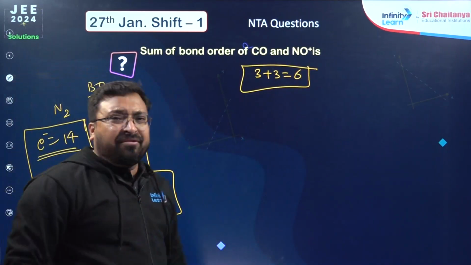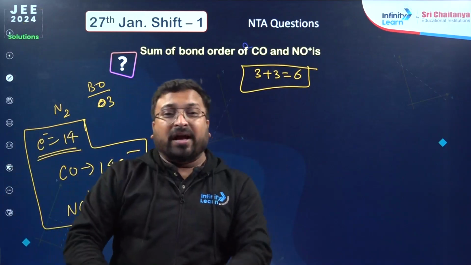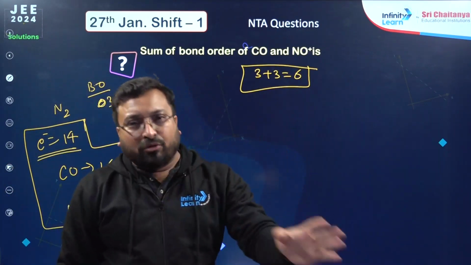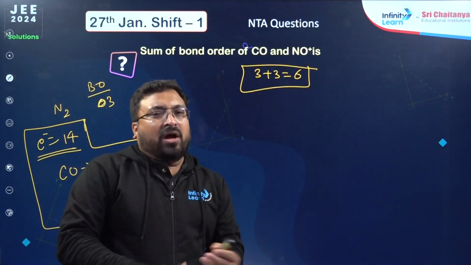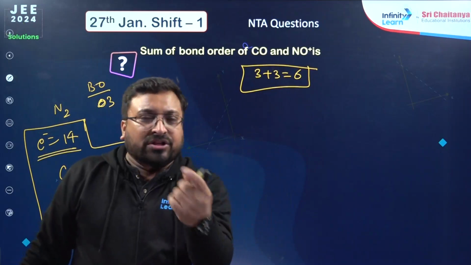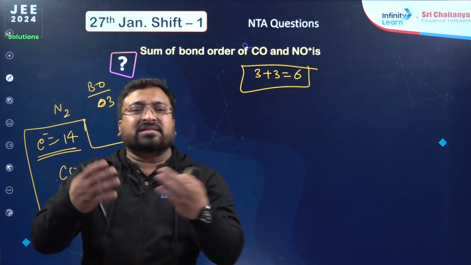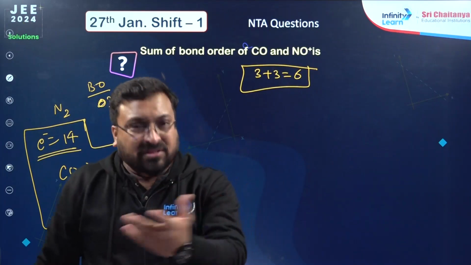This is very easy, but a few people have studied something extra for JEE. No need to solve those things. If somebody tries to teach you heterodiatomic molecules MOT, the exact MOT of heterodiatomic molecules can't be studied at this level.